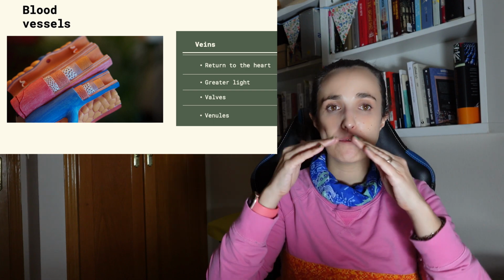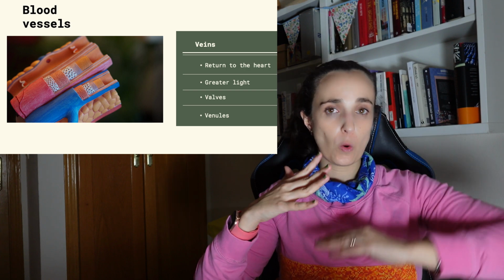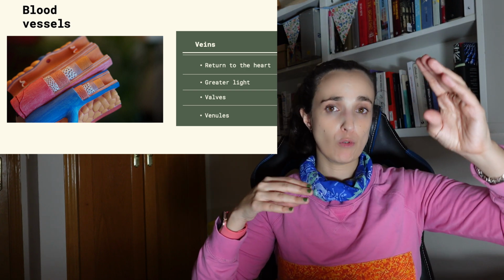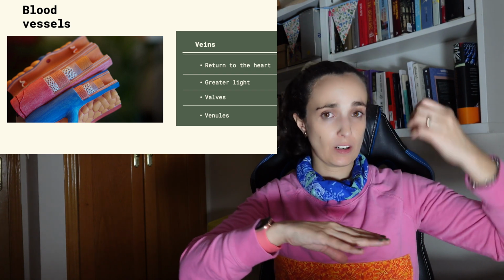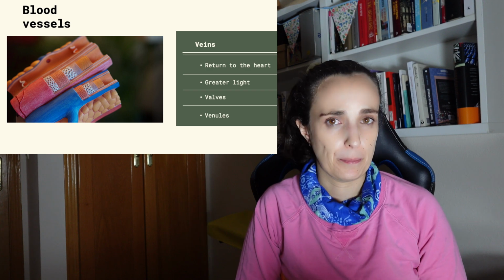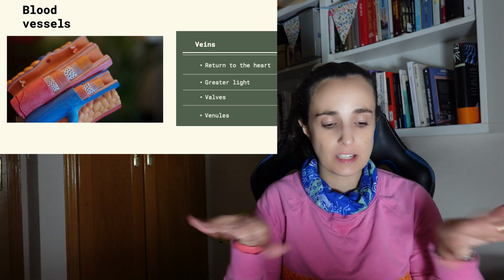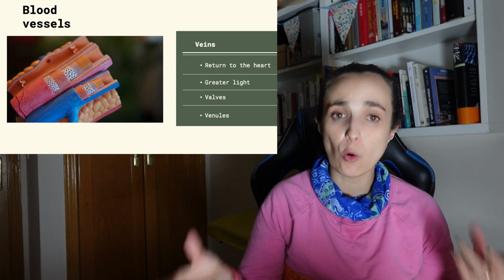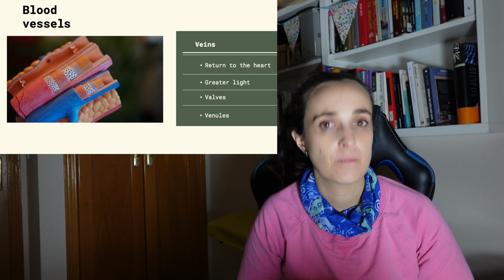So the veins have valves, like doors inside, to make sure that once the blood passes through, they close and don't allow the blood to return the wrong way. That's the main feature. And once the veins ramify into smaller vessels, they receive the name of venules.